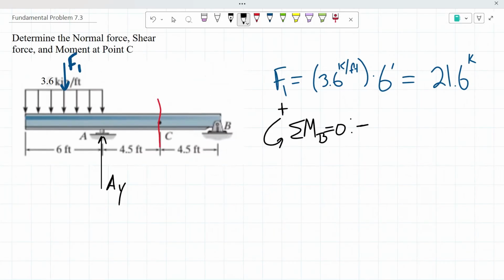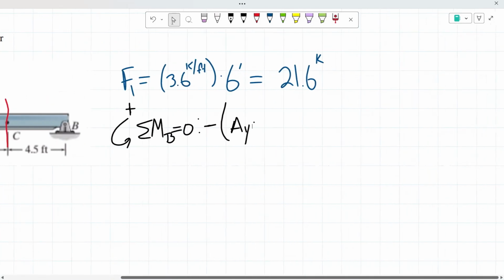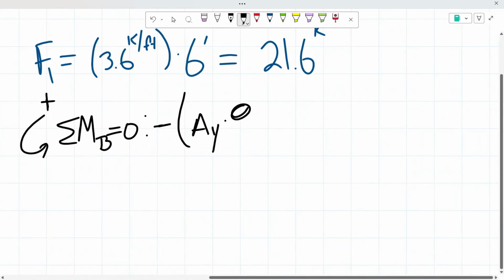So that's a negative moment, with the force that we're trying to determine, times the distance. From our reaction to our other reaction, there is a span of 4.5 feet plus 4.5 feet, giving us a total of 9 feet.